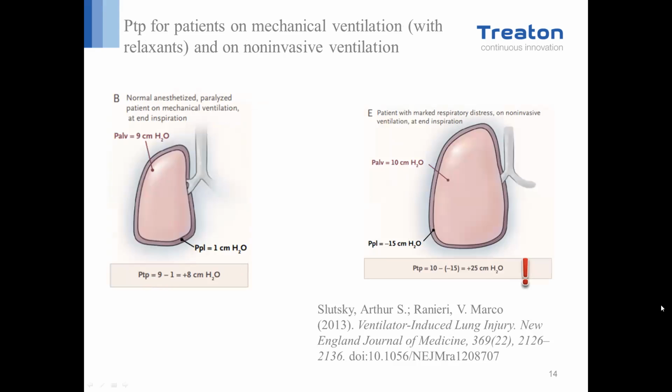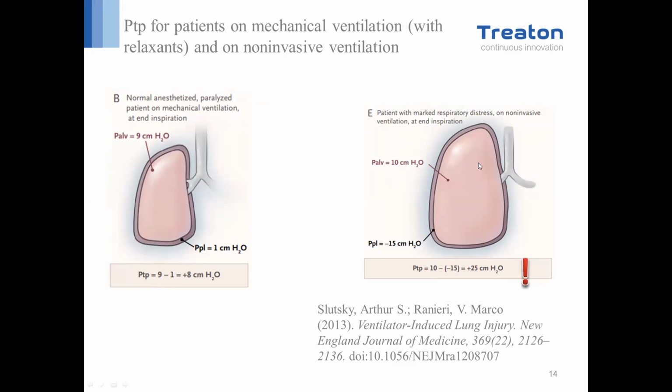You can see here two cases. Picture B is the same picture from the previous slide. Picture E shows the lung mechanics of the patient with marked respiratory distress on non-invasive ventilation.